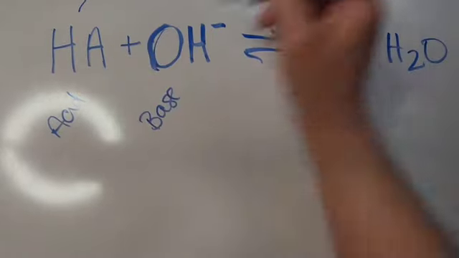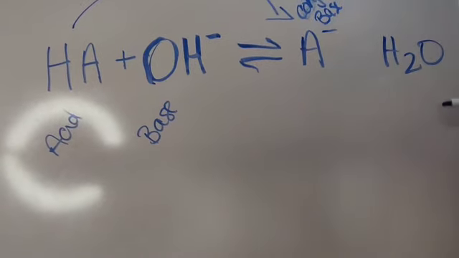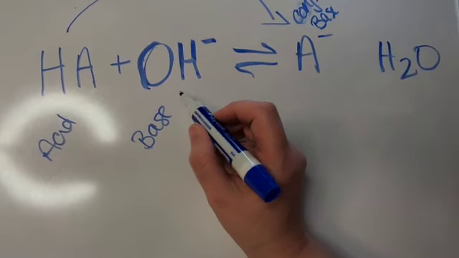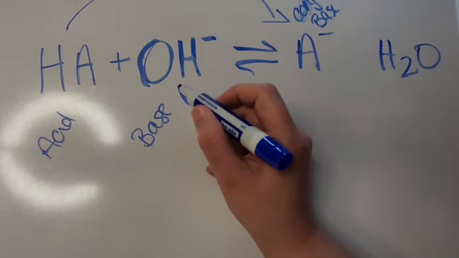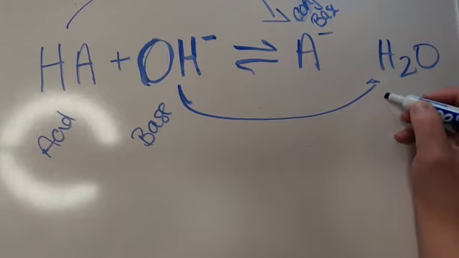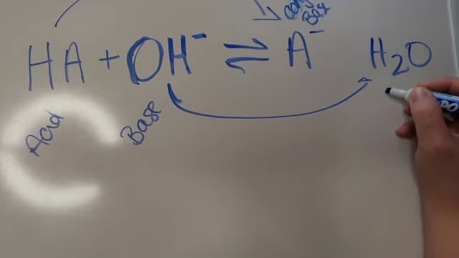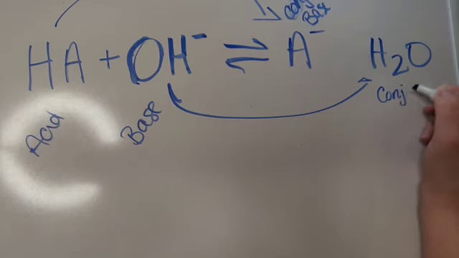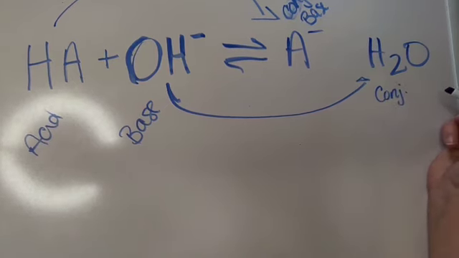This is the acid, so this is the conjugate base to that acid, right? And then hydroxide, this is a strong base, and its conjugate is going to be water. And because this is a base, water is going to act as an acid.